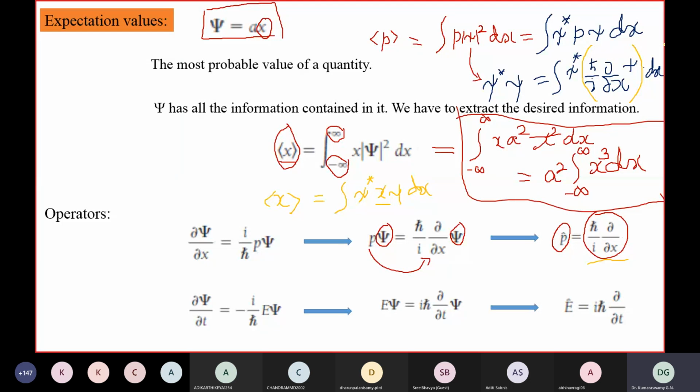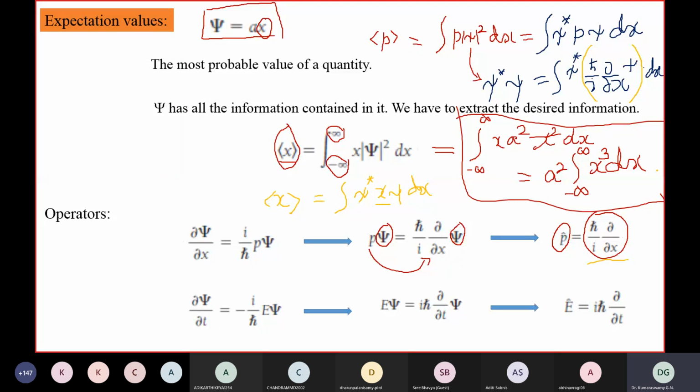Write down this. Sir, how did you write psi square as psi star psi? See, psi square can also be written as psi star psi instead of the mod.